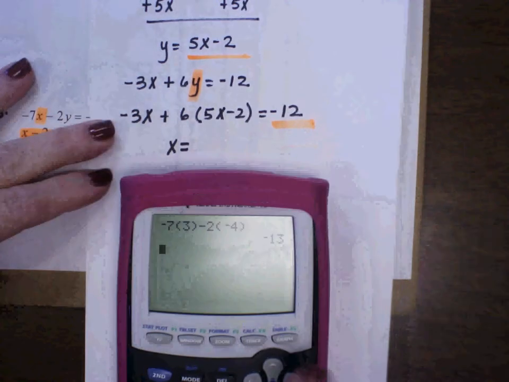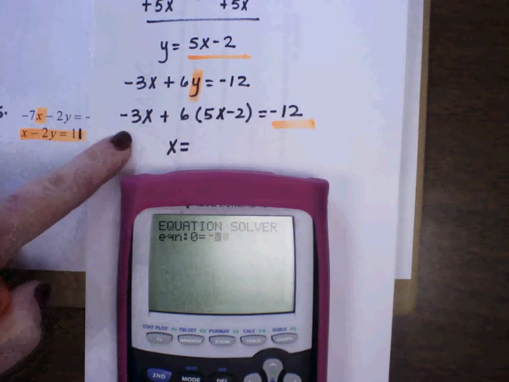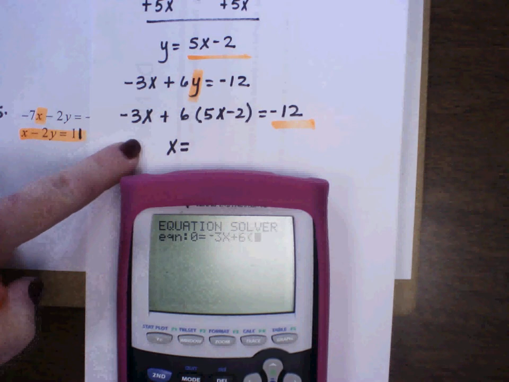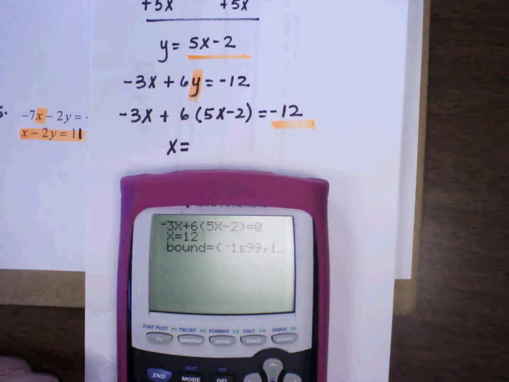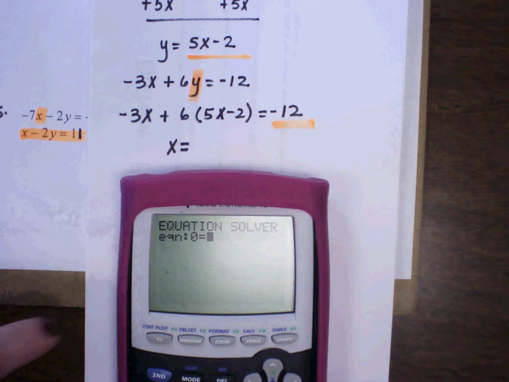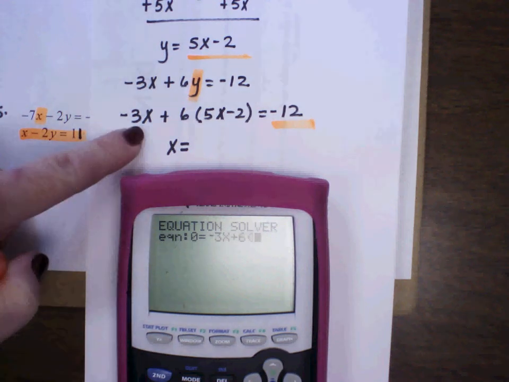So that would be negative 3x plus 6 times 5x minus 2 plus 12.